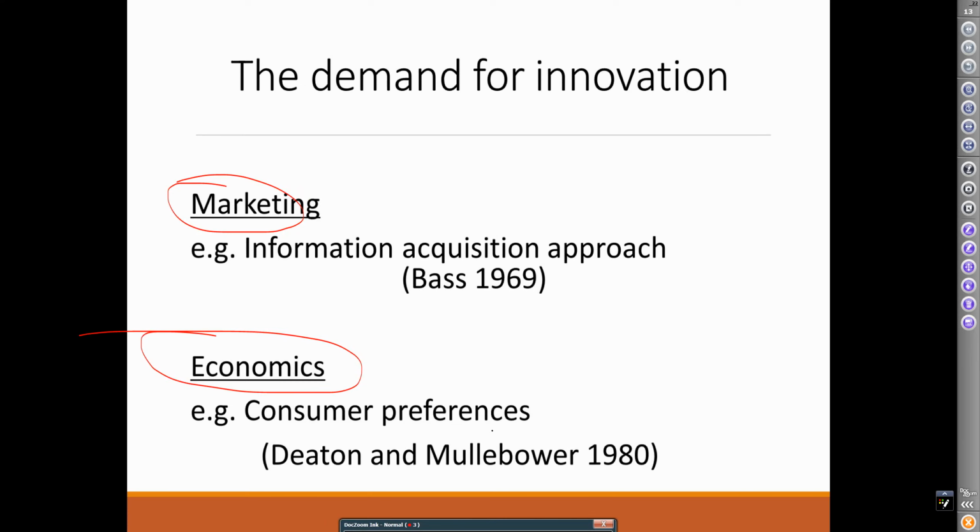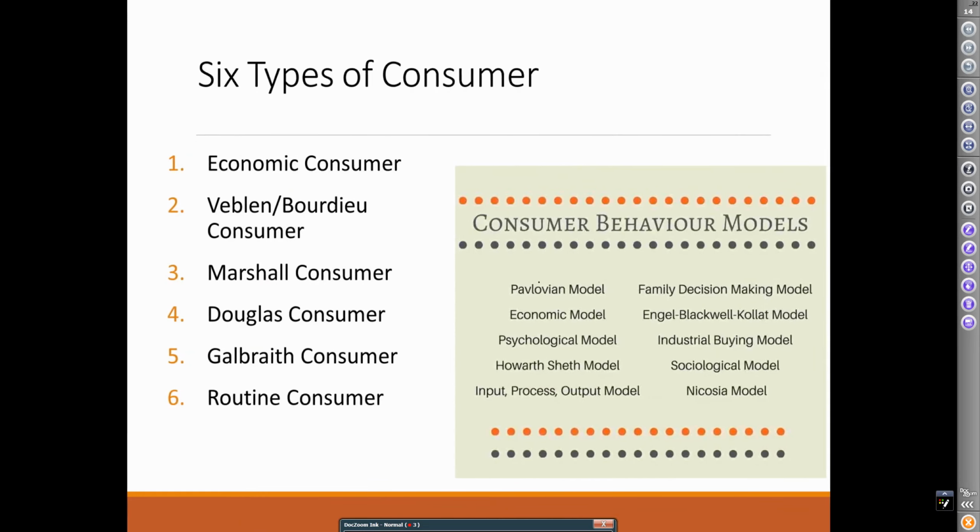Economics, consumer preferences. We investigate the consumer preferences. We try to forecast future consumer trends and preferences. And also we follow the demand for the innovation. Here you can find the different types of consumers, and also you should recognize the consumer behavior models. So my dear students, this is the task for you.